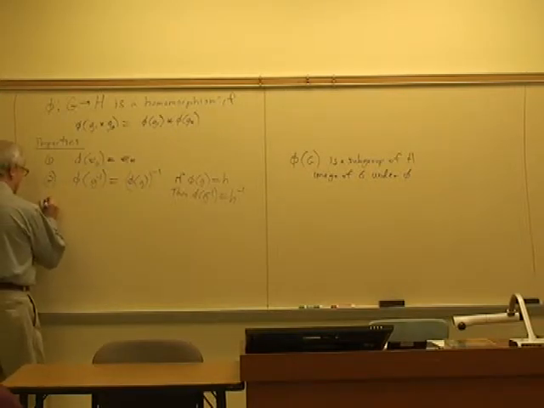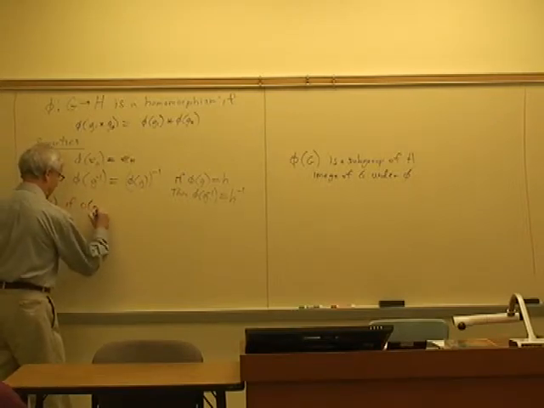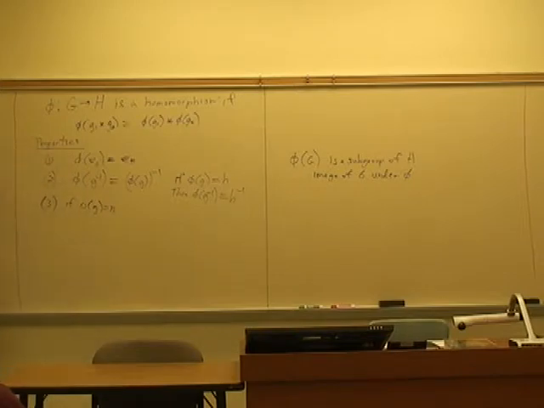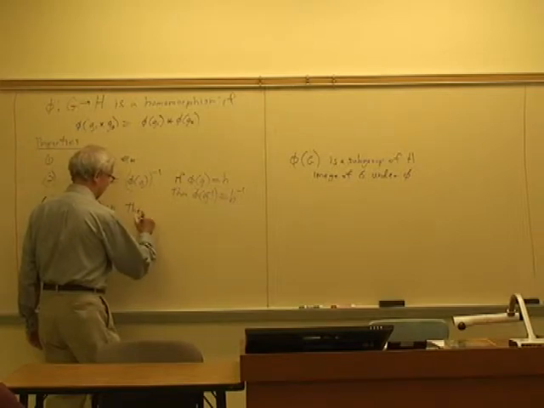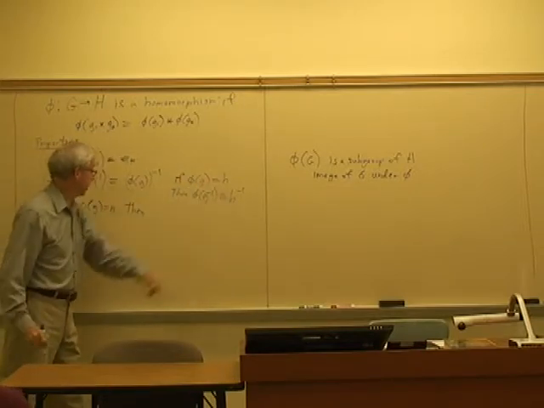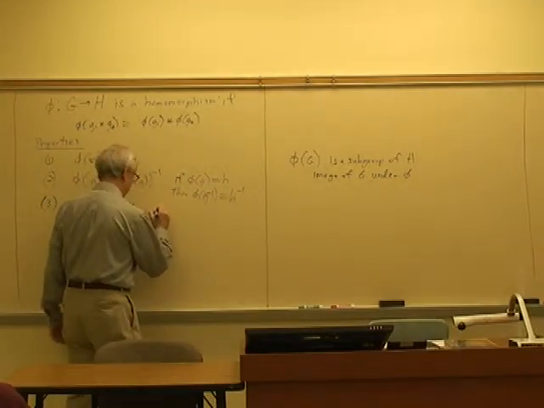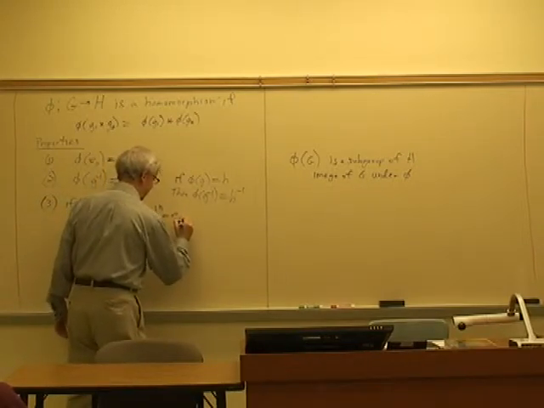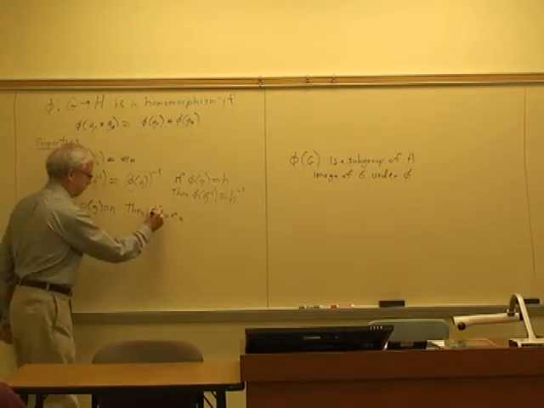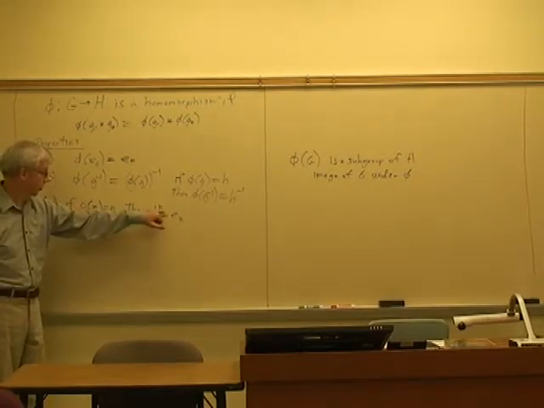And then we have a third property, that order is kind of preserved. In the sense, if the order of the element G is n, and I'll use the same notation, H being the image, then we know that also H to the n is the identity in H. That is the image of G to the n is the identity, but that doesn't mean that the order of this element is n.